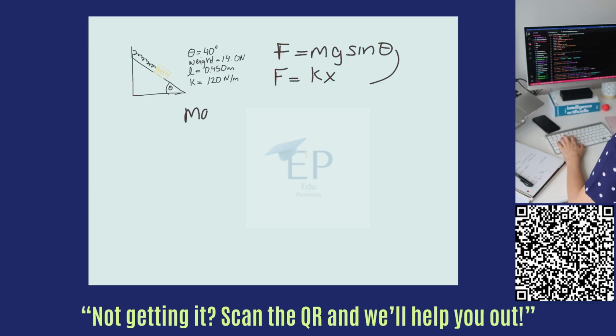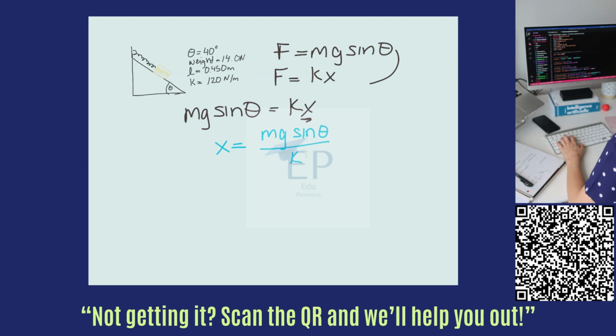So we have mass times gravity times sine of the angle equals the spring constant times the position. And we're trying to find the position, so we want to rearrange this equation to solve for x. So we would have x equals mass times gravity times sine of the angle divided by our spring constant.